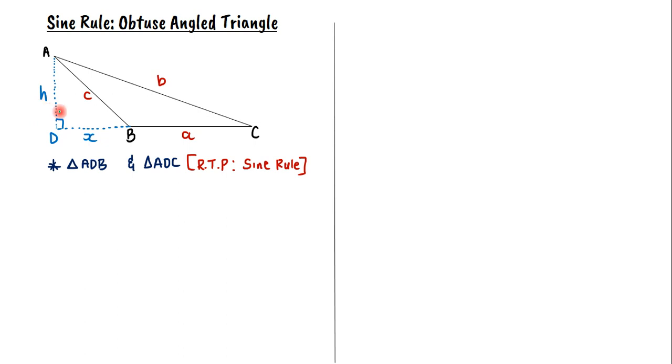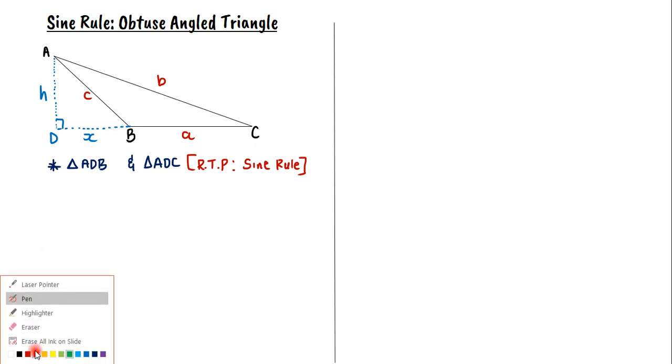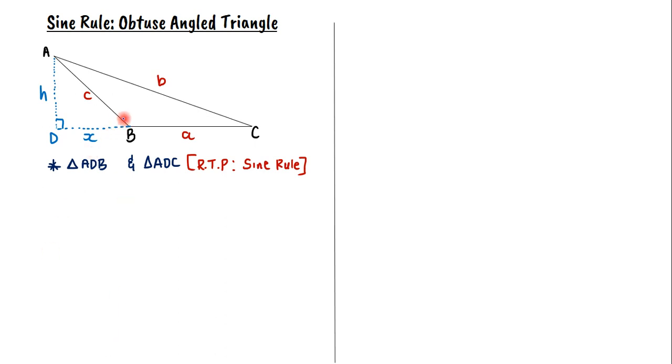To do that, I will use this part here as my reference angle, and from there I'll calculate the sine of this angle. In order to get this angle, I must acknowledge the fact that this angle here is angle B.